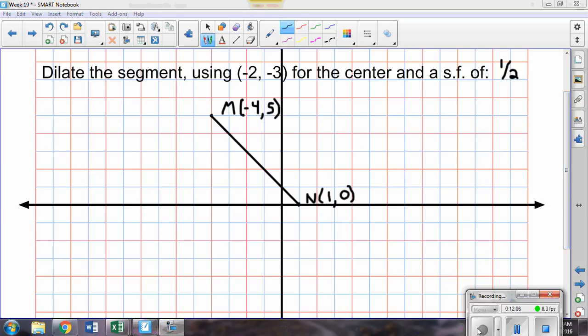All right, in class, understandably, we're seeing some confusion, and I'm seeing a lot of people using the origin as the center. The key feature that we have to keep in mind is all the gaps are based from the center that we're given. So when we are told to use negative 2, negative 3 as the center, we have to pay attention to the size of the gaps from there.